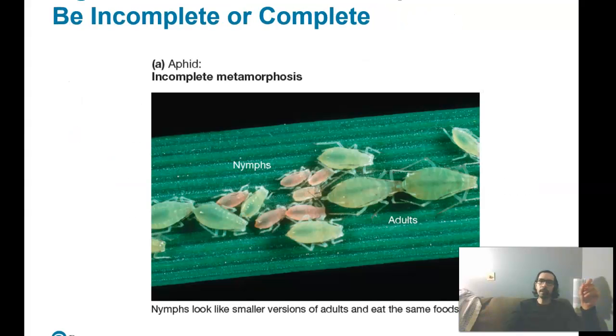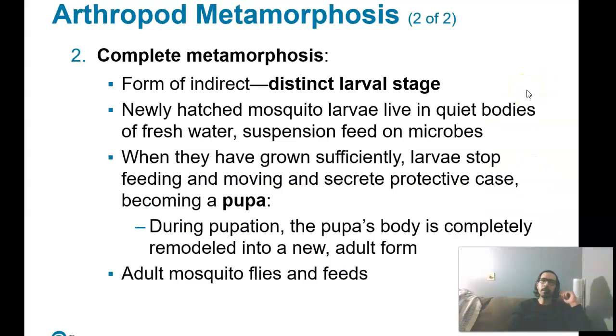So with things like aphids, you could see the little nymphs, immature insects that just look like the small version of the adult. You can also see this in other insects like grasshoppers. So that was incomplete metamorphosis.